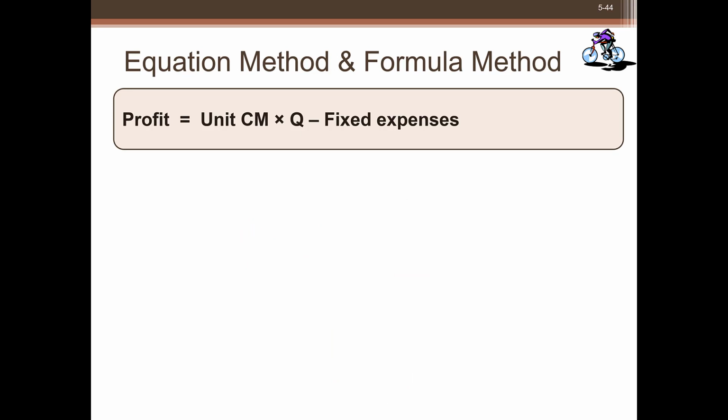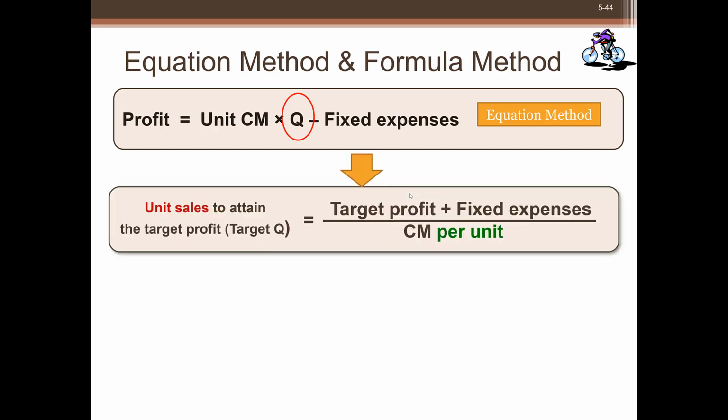For the equation method, this is the equation. Profit equals unit contribution margin multiplied by Q, where Q is the quantity sold, minus the fixed expenses, and we can solve Q from this equation. Or we can use the formula method. We transform this equation.